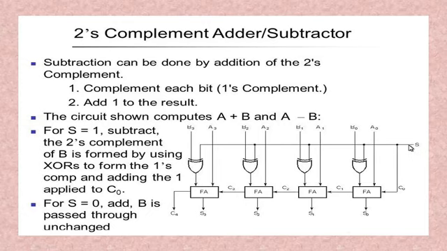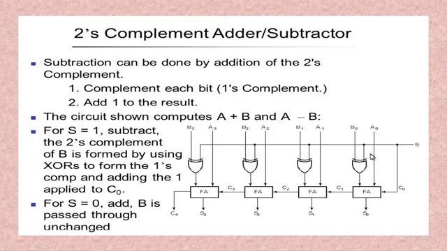See, this terminal S is presented here. For S equal to 1, this terminal is also called sub. For S equal to 1, subtract: the 2's complement of B is formed by using XORs to form the 1's complement and adding 1 applied to C0. Means if S is equal to 1, then this 1 is passed to the full adder.